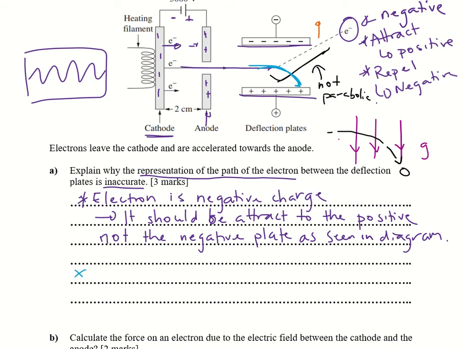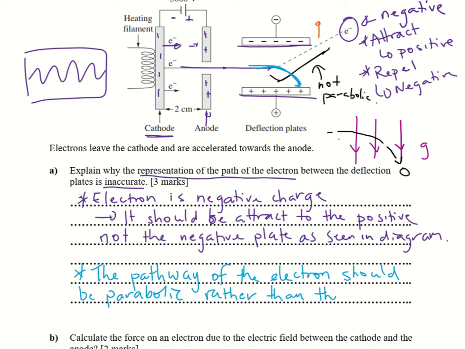The second inaccuracy: the pathway of the electron should be parabolic, rather than the sudden change in direction as seen in the diagram.